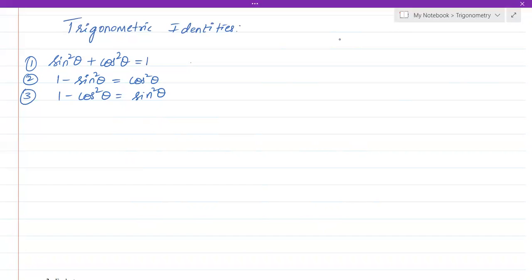Now coming to the next very important identity. 1 plus tan square theta is equal to secant square theta. You can prove this identity in a similar fashion. 1 plus tan theta, which is opposite by adjacent, squared. So it becomes 1 plus opposite square by adjacent square.